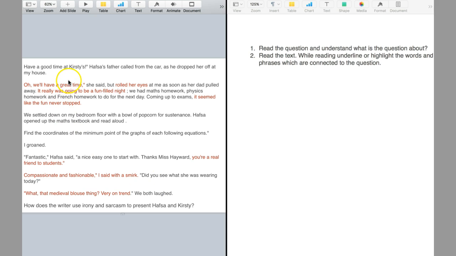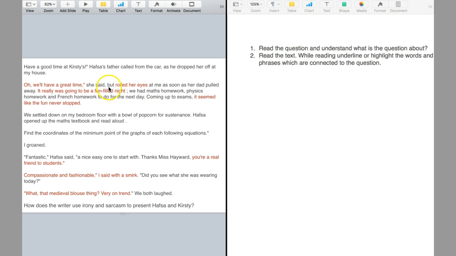So first, her father dropped Kirsty at Hafsa's house. In this sentence there is just nothing. It is just information, telling that her father dropped her off at the house, just conveying information. The next one, Oh, we'll have a great time, she said. Who said? Kirsty said. If you notice here, there is a comma and the sentence keeps going.